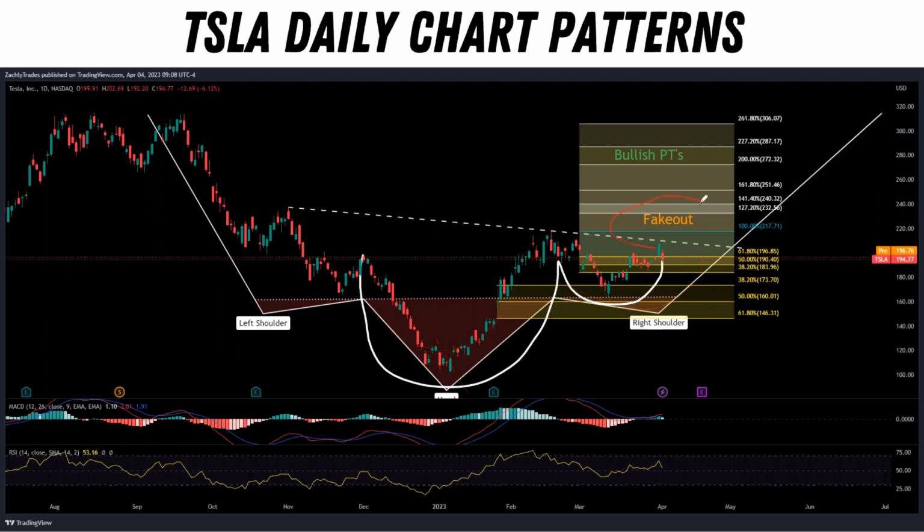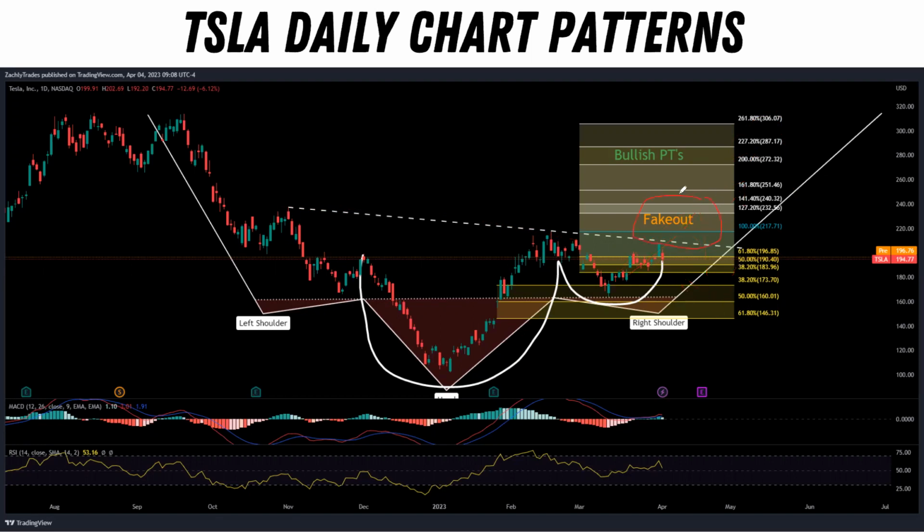If you notice here, I have fake out up here. The reason I have fake out up here is because 217, even up to about 240, is really going to be fake out territory. What I mean by that is we could have a false breakout. Ultimately, if we break this neckline back down to the downside, so let's say we get a breakout and then we go to retest this trend line, and instead of bouncing up for support, like a textbook break and retest, we get a look above and fail, that's going to be very significant.